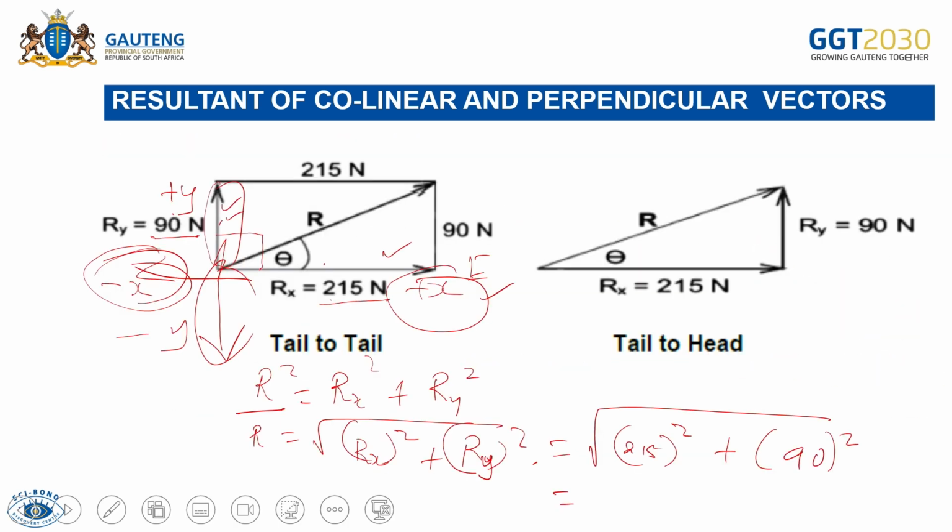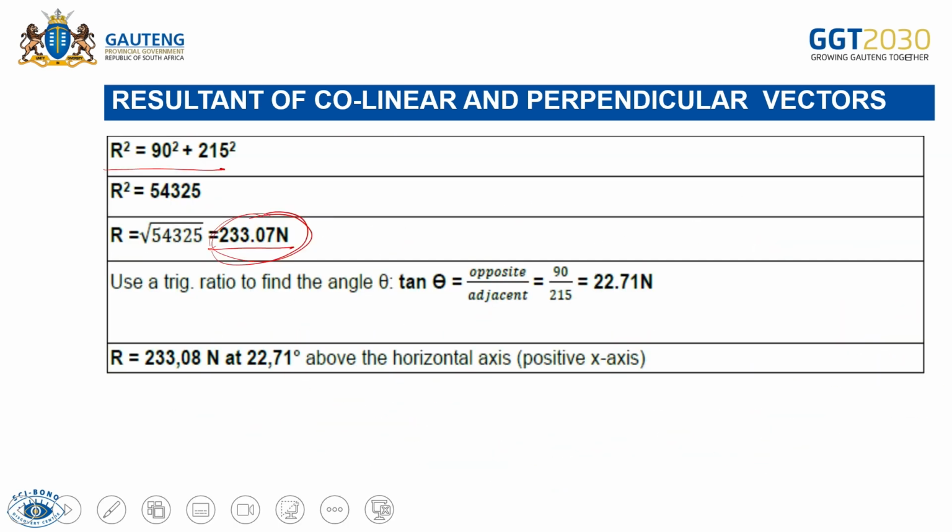All right. Then from here, after using your theorem of Pythagoras, remember we use that theorem for perpendicular vectors. If vectors are perpendicular to each other, to get the magnitude you have to use the theorem of Pythagoras. The angle between the two vectors should be 90 degrees.